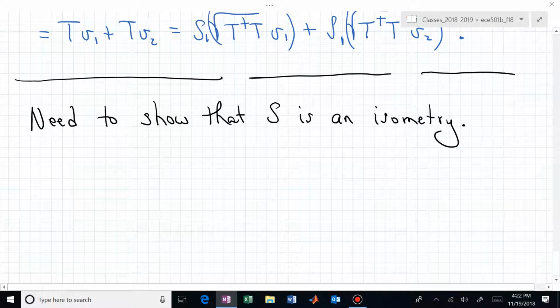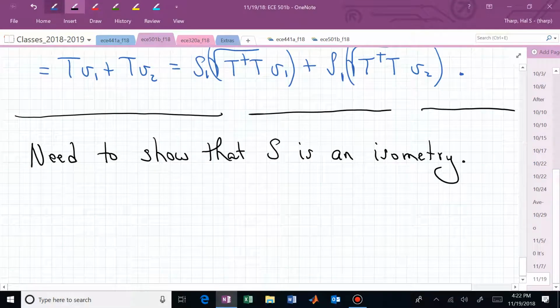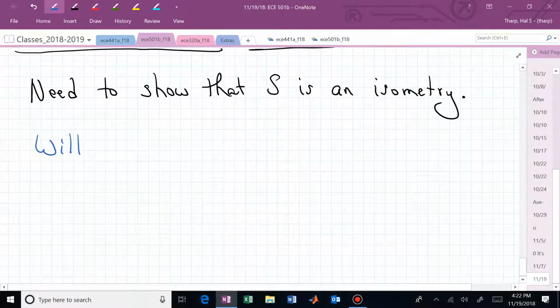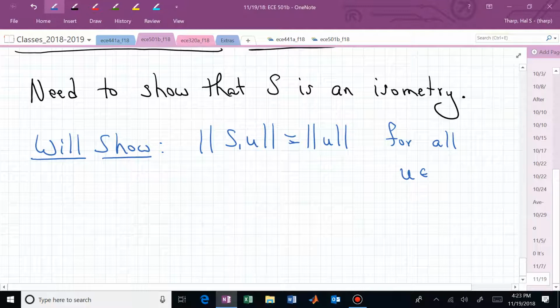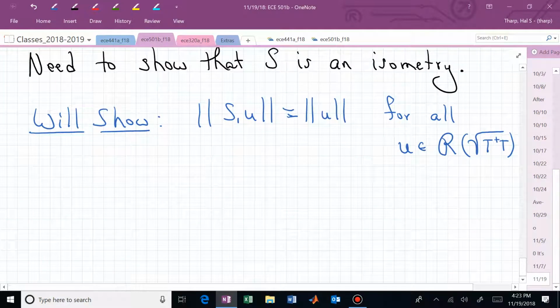And what we're going to do now is we will show the following. We are going to show that S1u has the same norm as u for all u, and now we're restricting u to only being in the range space of this positive operator, square root of T dagger T. That's how we're defining S1.